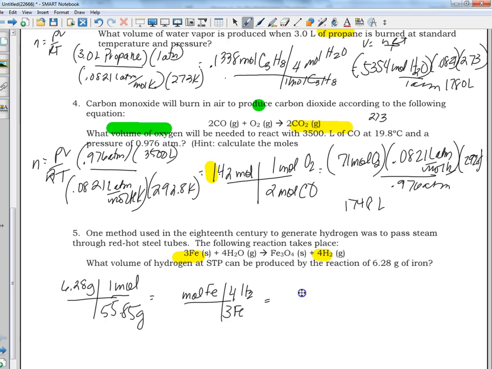That'll give you moles of hydrogen. Now we just plug and chug into our equation. We're at STP, so our standard temperature is 273 Kelvin. Of course, R is 0.0821, and our standard pressure is 1 atmosphere.